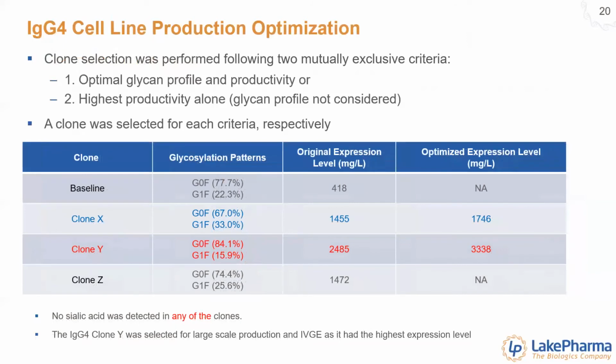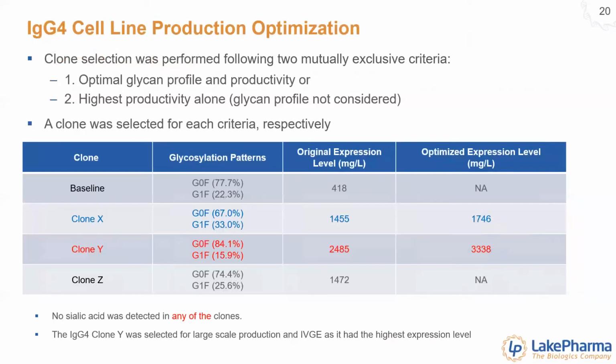Now looking at the IgG4, it's the same thing. We selected clone X and clone Y as a comparison. And clone X has the original expression level of about 1.5 gram per liter. After some process optimization, we improved that to 1.7 gram per liter in shake flask. And for clone Y, which is shown in red, we see about 2.5 gram per liter in the original expression and 3.3 gram per liter after the optimization step in shake flask.